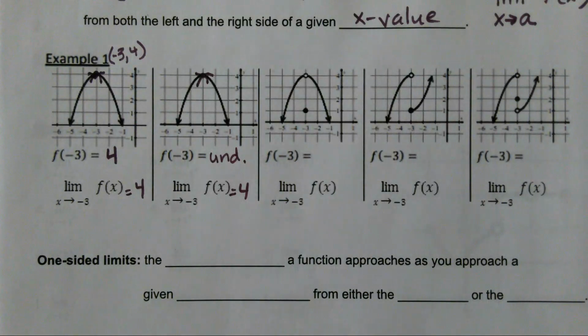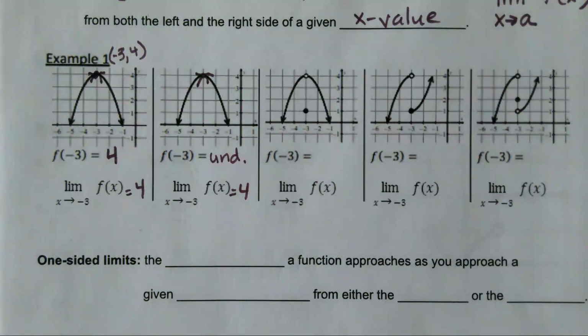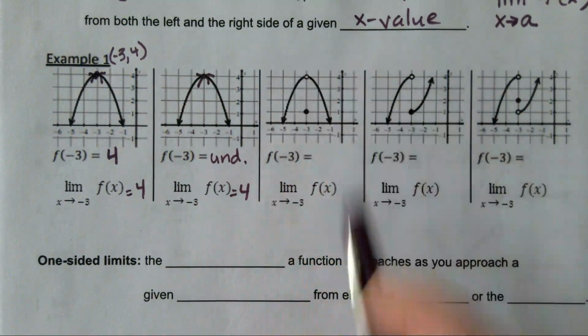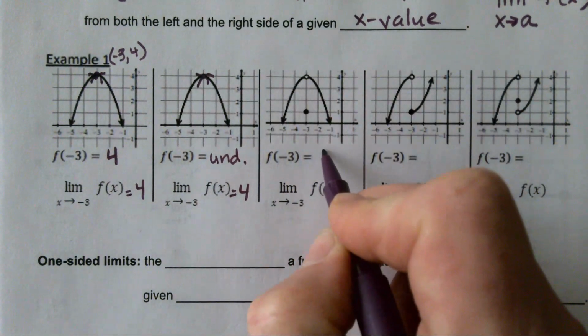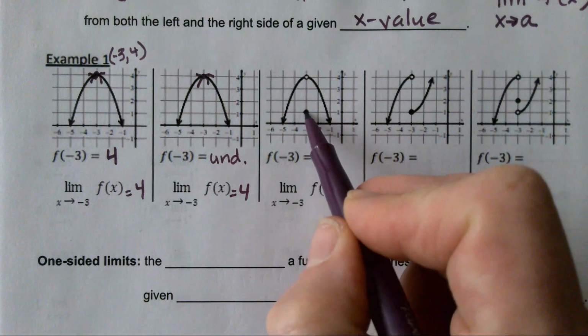Okay, so the next one is different, there's a little bit of a difference again. On this one, we put the value in there, but the value is not where the hole is. Okay? So what is the value of this function at -3? 1. Because that's where there's a solid point.